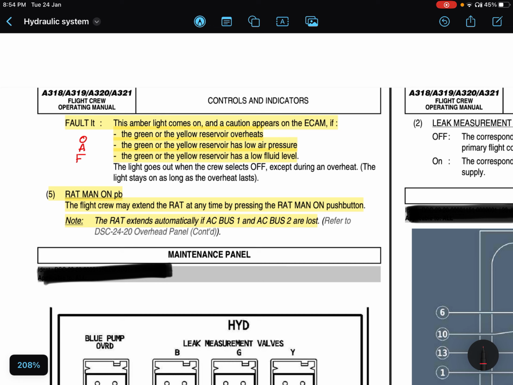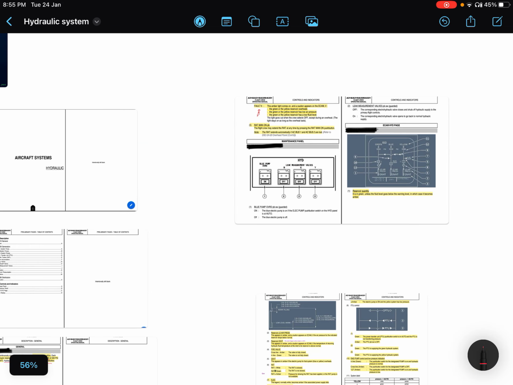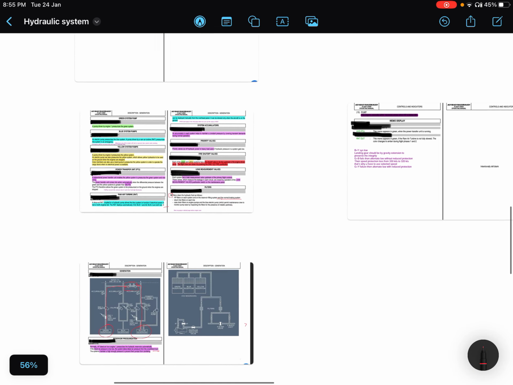So these are the three reasons when this PTU fault light comes. Let's say we have a low air pressure in the green reservoir, then there will be two fault lights on the overhead panel. Tell me, whenever green reservoir has low air pressure, where will the fault light come? Look at the diagram.